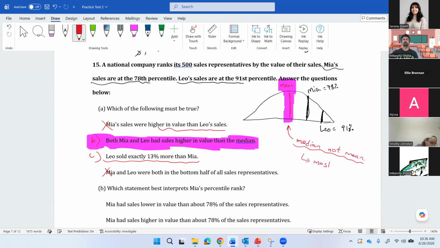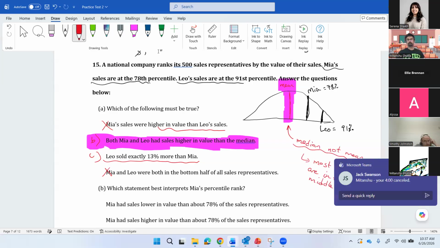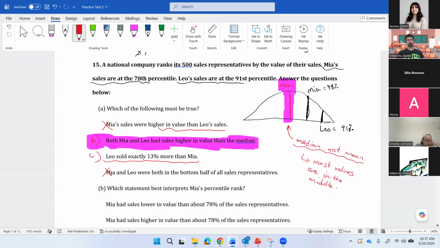So if values are above the middle median, then they would be above the median. Perfect. Okay, so there's Serena's explanation. All right. Okay.